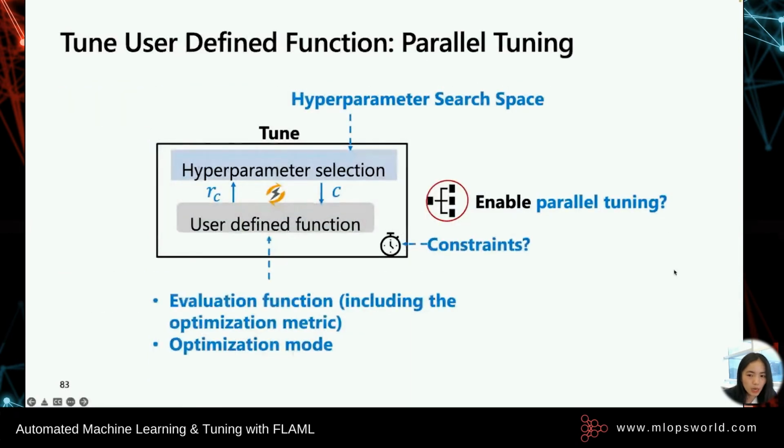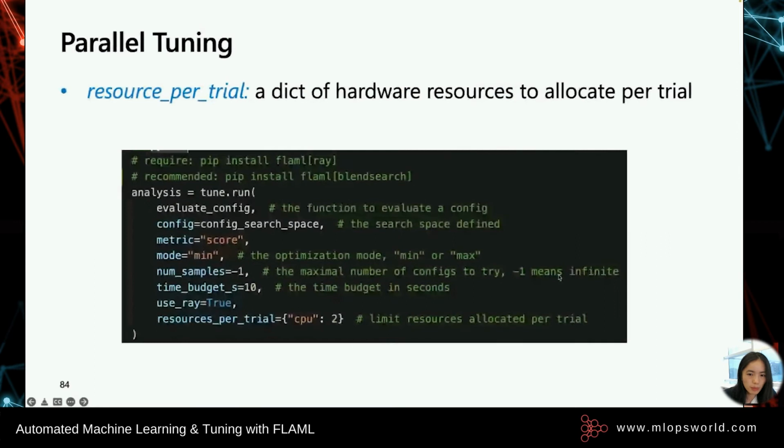You can also enable parallel tuning in Tune as well, which actually enables the parallel tuning option in AutoML. When using AutoML, some of the parallelization details are hidden in the AutoML layer, but when using Tune, we need to expose those details.